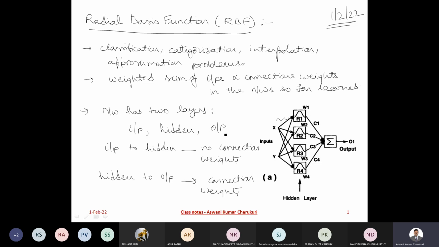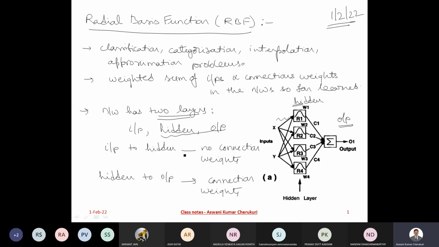The input activation propagates from input to the hidden. It is essentially a two-layer network in the sense that the computations happen at the hidden nodes as well as at the output nodes. That is the reason I have written that the network has two layers: the hidden layer and the output layer.